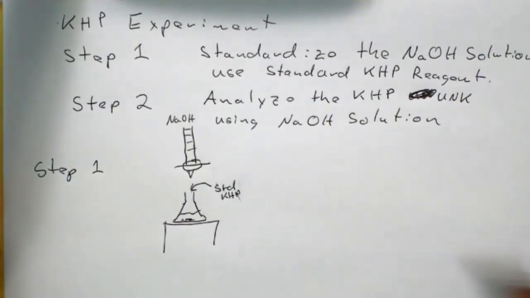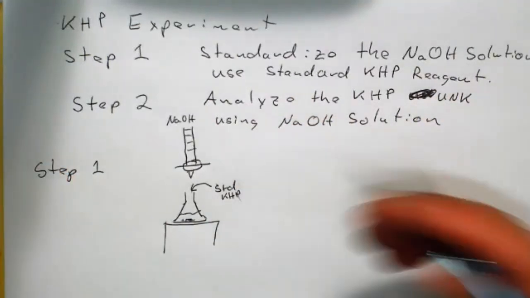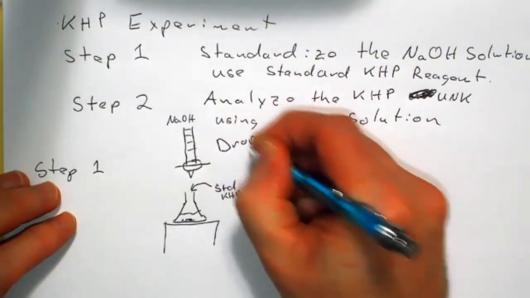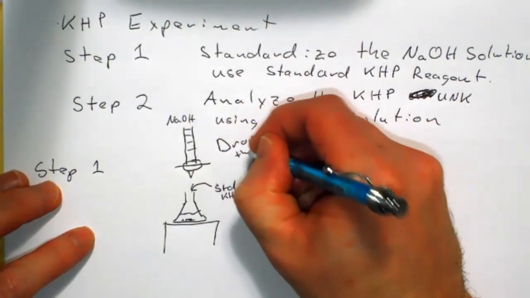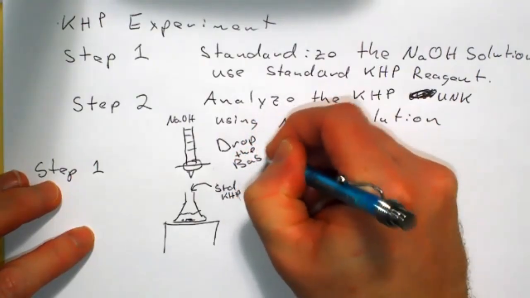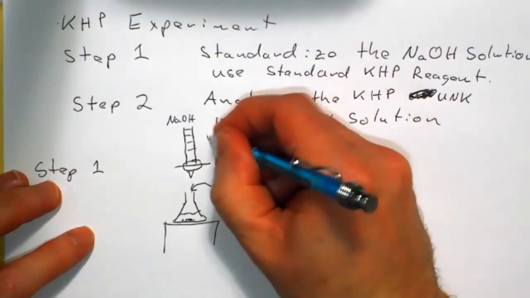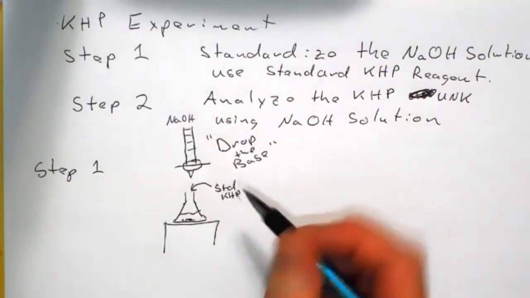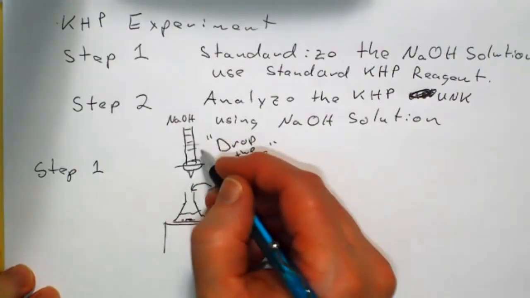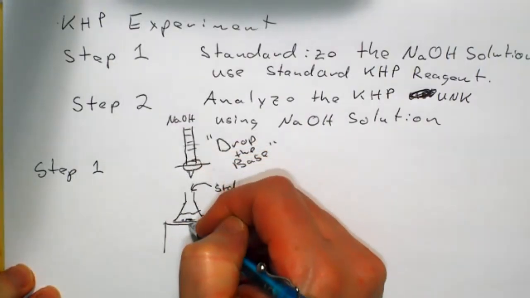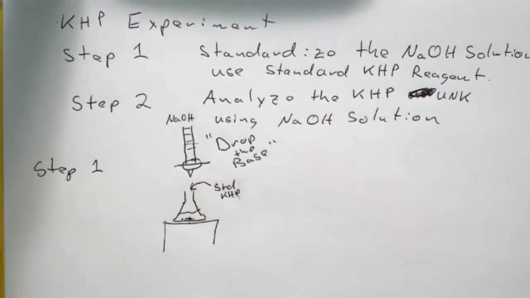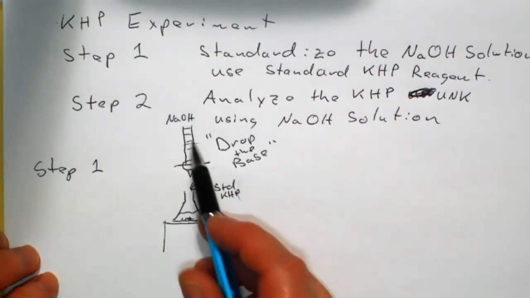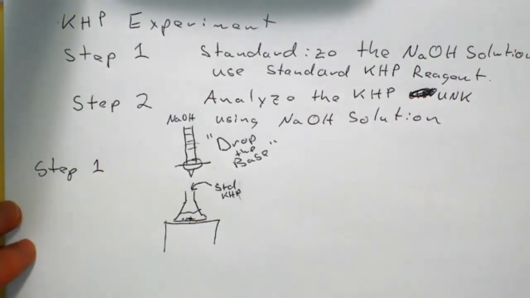And then, as I like to say on Friday afternoon club, we'll drop the bass. So we'll have sodium hydroxide, and we'll know how many moles of KHP are here, and then we'll see how many milliliters we use to come to the end point, and we'll use that to calculate the molarity of the sodium hydroxide.